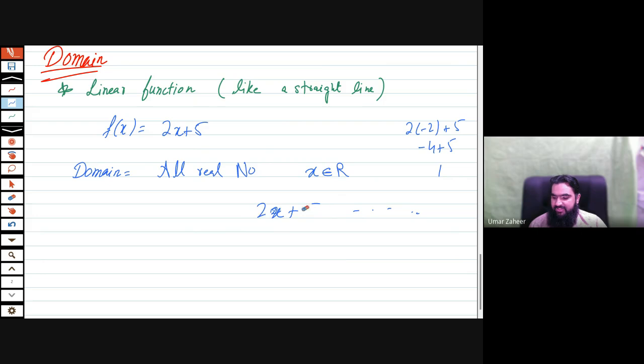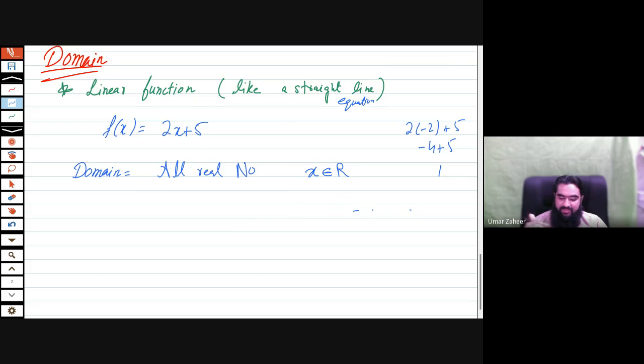So if you have a function, it is just going to look like a straight line equation. It means that the function shows a straight line.